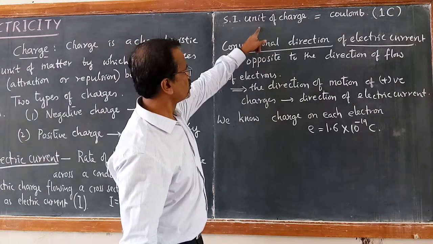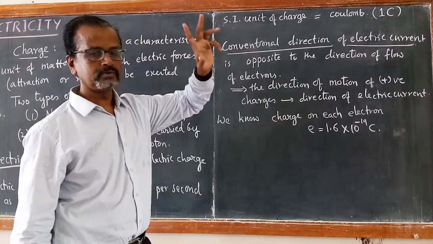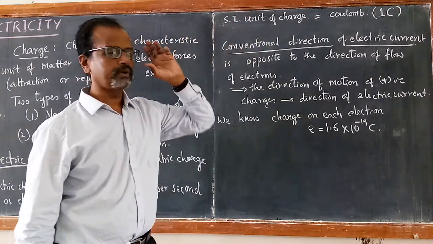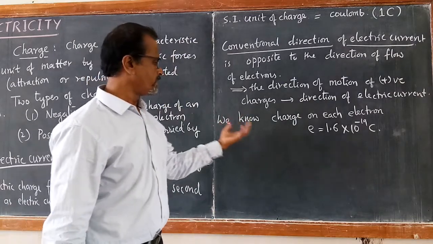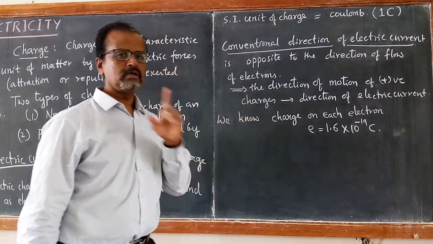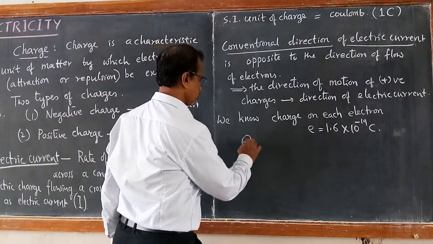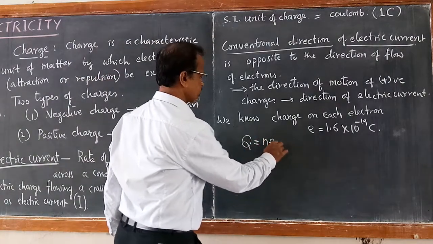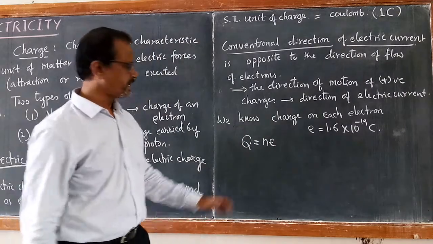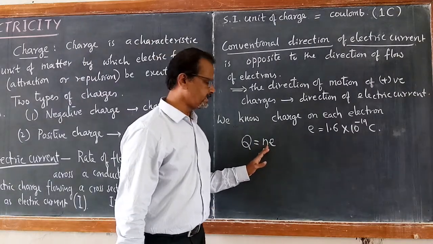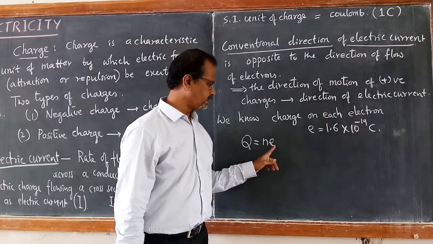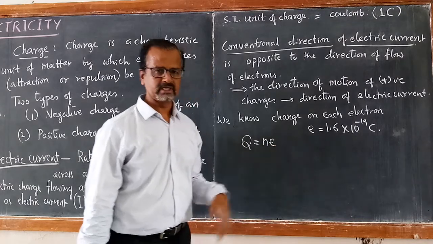If we want to have 1 coulomb of charge, how many such electrons are required? That can be found using this simple equation: Q is equal to n e, where n is the number of electrons and e is the charge of each electron.